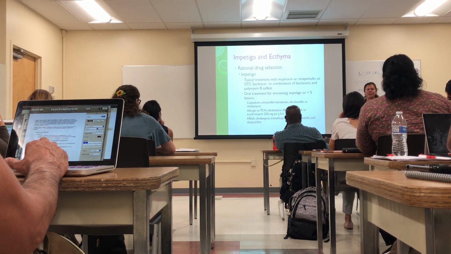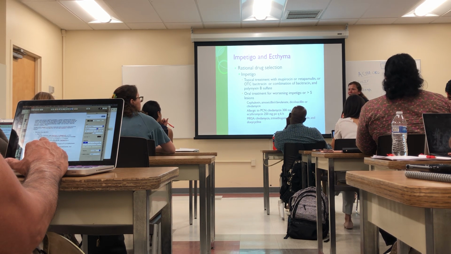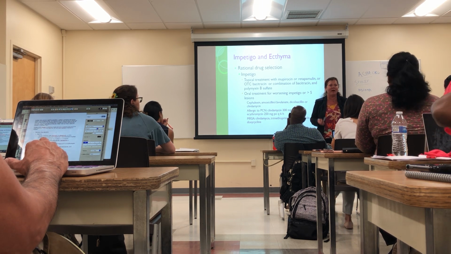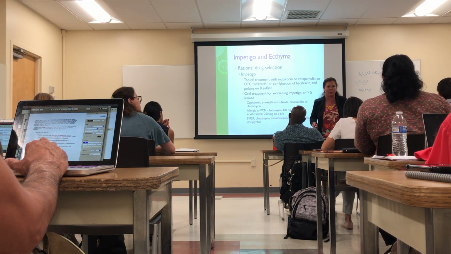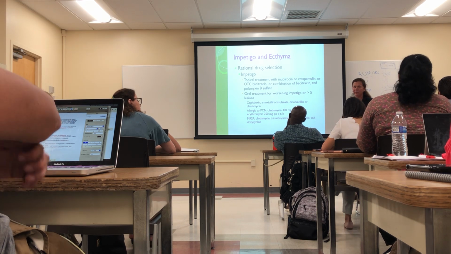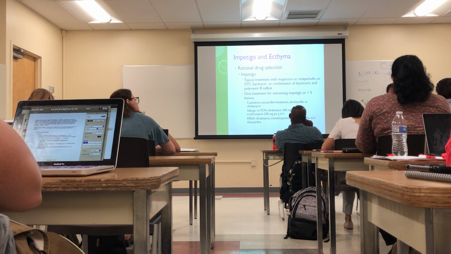Now, vanco is too much. You wouldn't choose vancomycin or daptomycin on a patient that has MRSA with impetigo if that patient doesn't have eczema or any type of bacteremia or septicemia. Do you understand? It's too much. If you decide to hospitalize that patient, that will be different, okay?